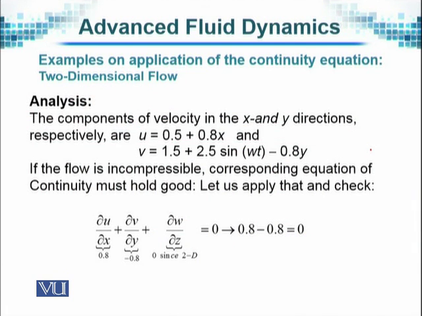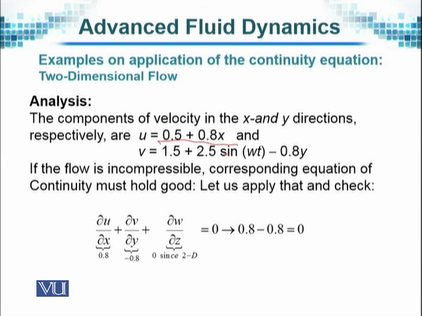So let's see. The components are given, as I have already stated. u is 0.5 plus 0.8x and v is 1.5 plus 2.5 sine omega t minus 0.8y.